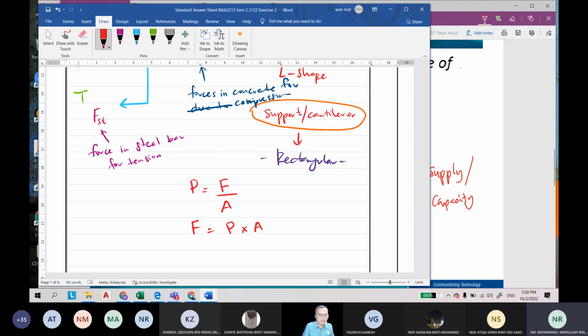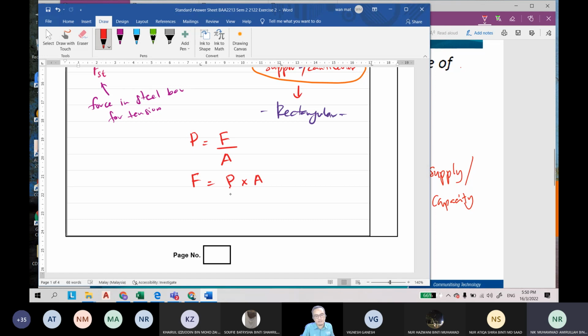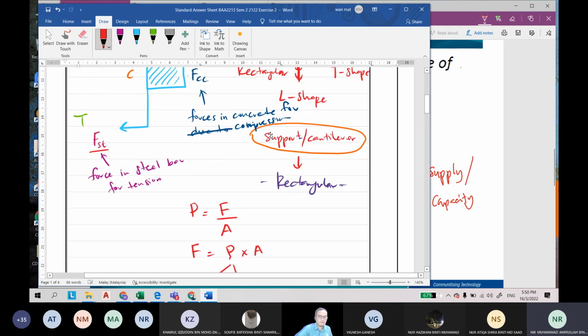The pressure is given by the strength, either the compressive strength of concrete FCK, or the yield strength of steel FYK. For FST you must use FYK, and for FCC you must use FCK.